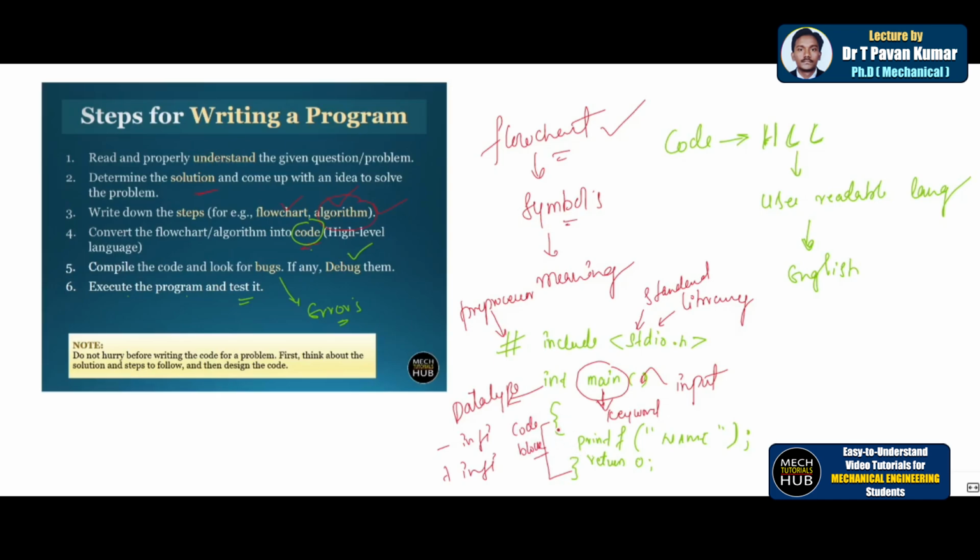Whatever you like to print on the compiler has to be written in between these two flower brackets. If there is one opening flower bracket, there should be one closing flower bracket. If there are two openings, there should be two closings. You'll understand that once I explain the coding part.